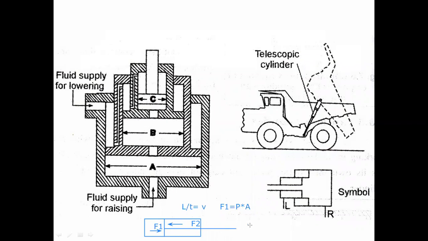F1 is P into A, whatever the pressure of oil and the area of piston. If you see from this F1 side, there is the area of piston only. So this is capital A, pi by 4 into the diameter of your piston squared.